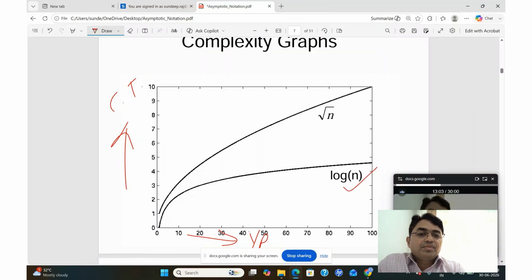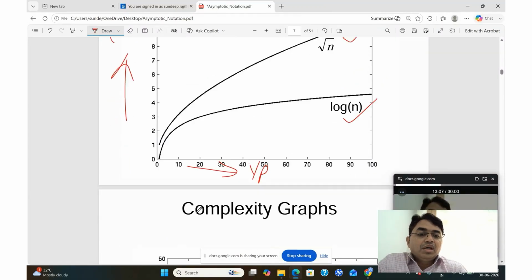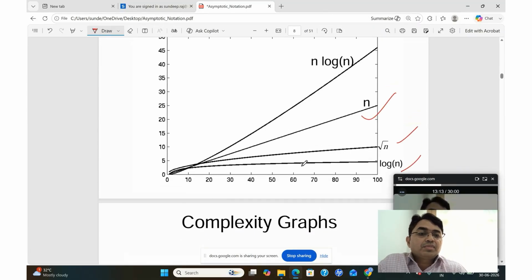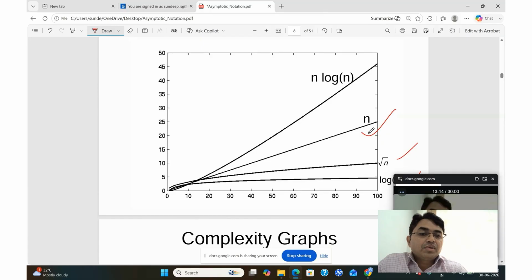After that, we have the square root n. After that, log n times square root n. After that, we have the bigger one, order of n. After that, n log n.